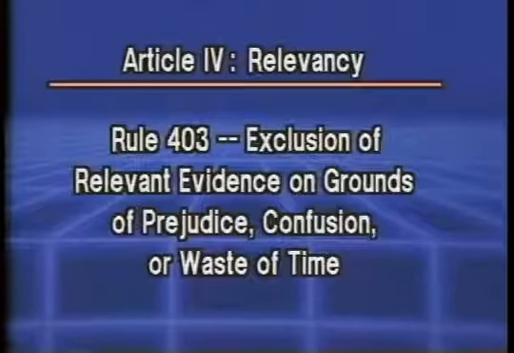It provides that although evidence is relevant, the court may exclude it if the court concludes, and understand this is discretionary, if the court concludes that it is unfairly prejudicial, might confuse the issues, might mislead the jury, or might cause undue delay or a waste of time or constitute a needless cumulative presentation of evidence.